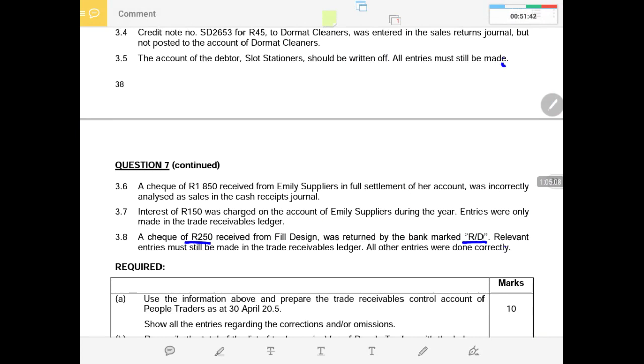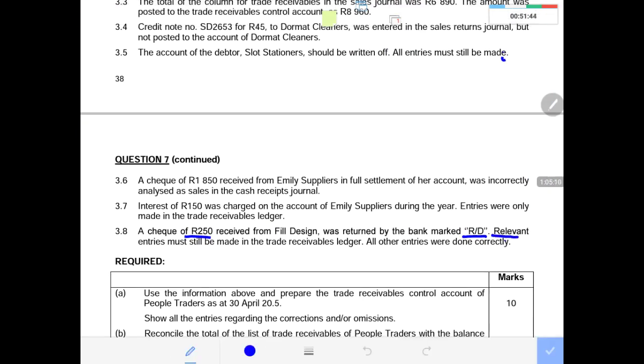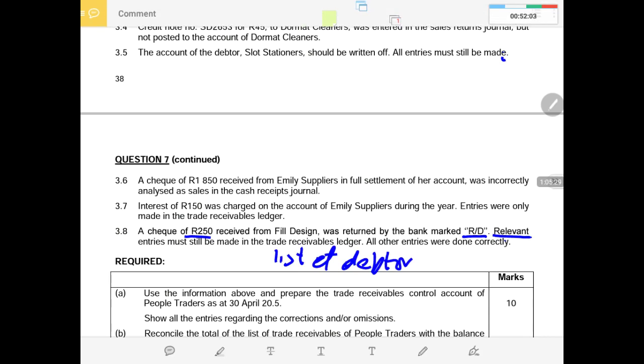The transaction says, relevant entries must be made in the trade receivables ledger. We know that trade receivables ledger is a list of debtors. Know that one now. It's a list of debtors. Whenever they speak of trade receivables ledger, that is a list of debtors.